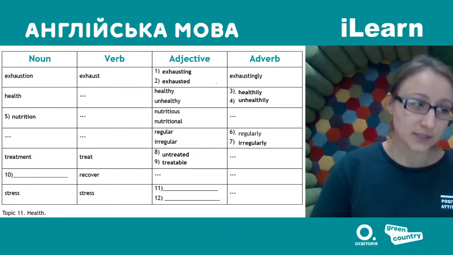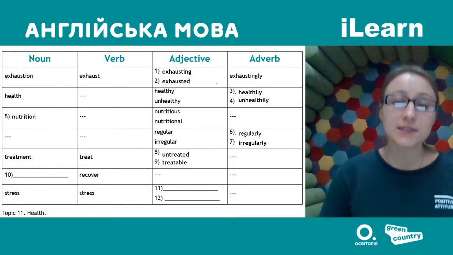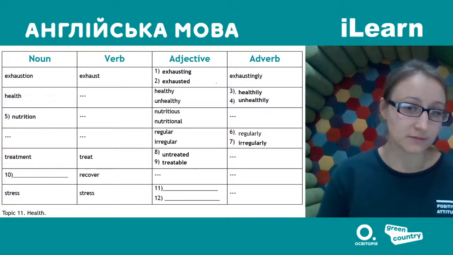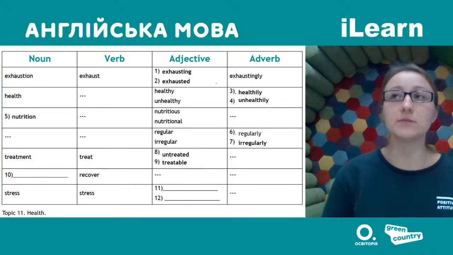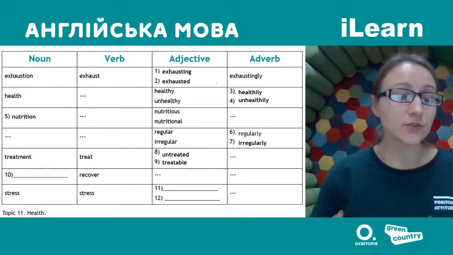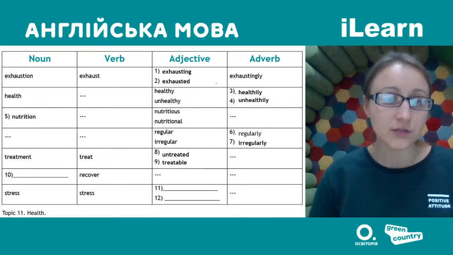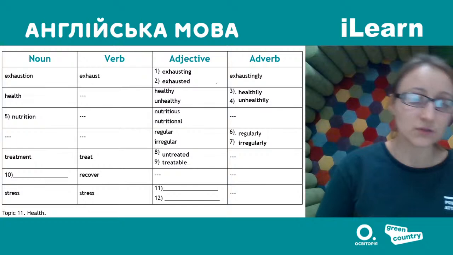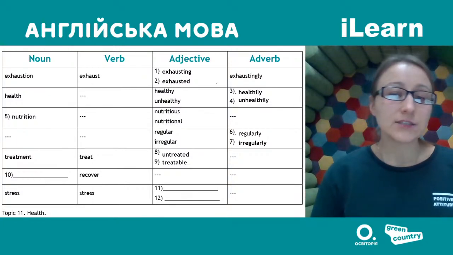Treatable, that's something different. Да? Тут не запутатись. Treatable, that's something that can be cured. Тобто це якась хвороба, яка може бути вилікувана. Да? For example, cancer can be treatable, тобто рак може бути виліковний. Treatable, not treating, not treated. Да? Тобто я бачу варіанти treating and treated, це було б запросто.